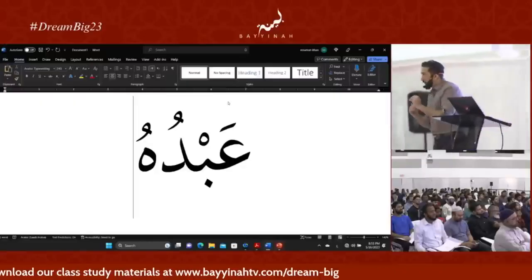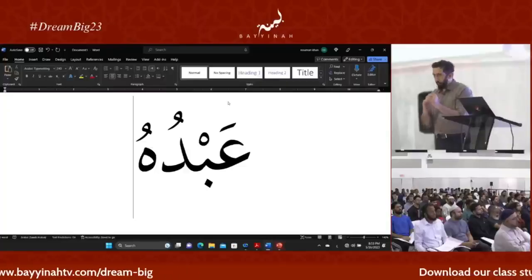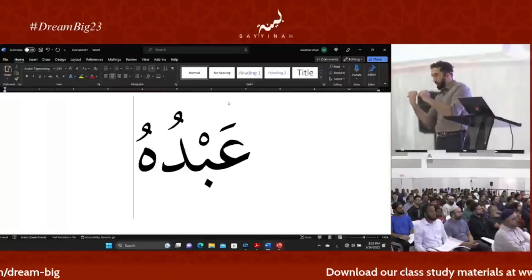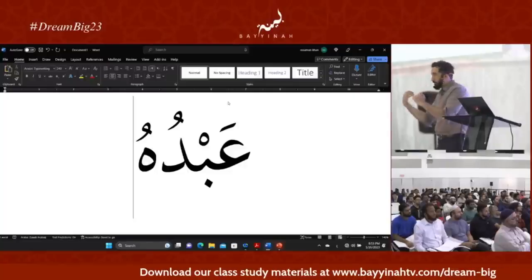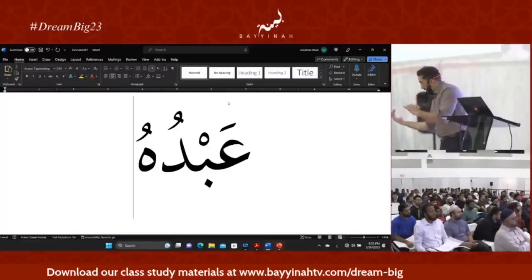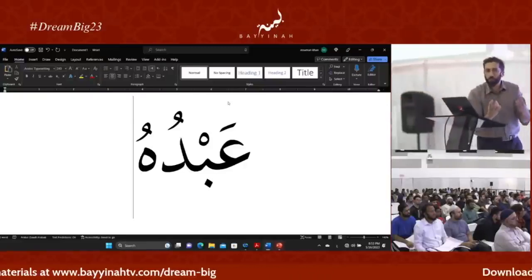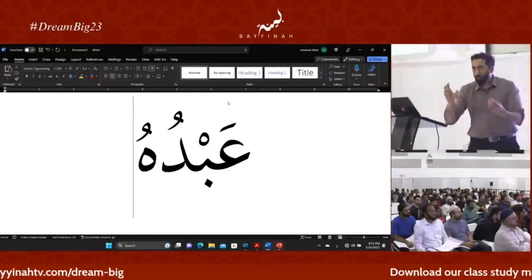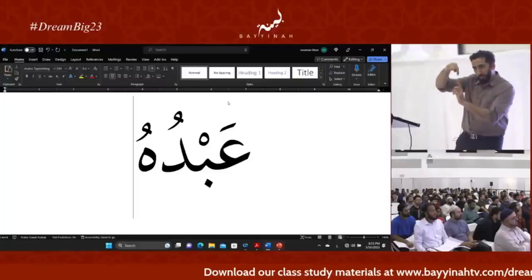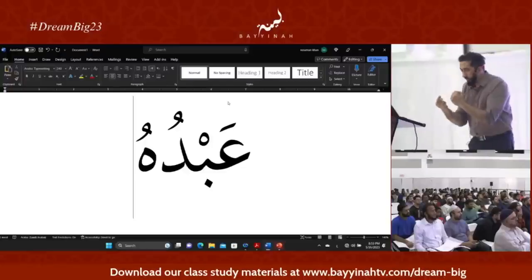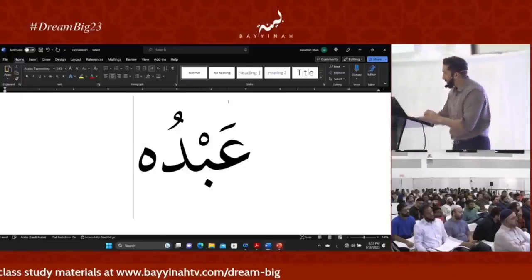Attached versions can only be nasab or jar, but if it's nasab or jar and it has a good looking mudaf, it's jar, which means Abdu is a mudaf and Hu is a mudaf ilayh. What do you put between a mudaf and a mudaf ilayh? Of. Slave of, his, which would easily translate into what? His slave. Okay, well, what about?